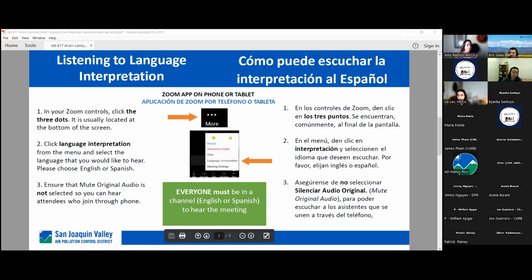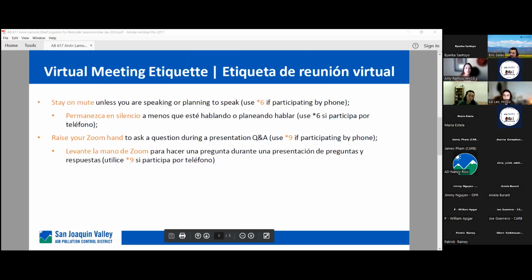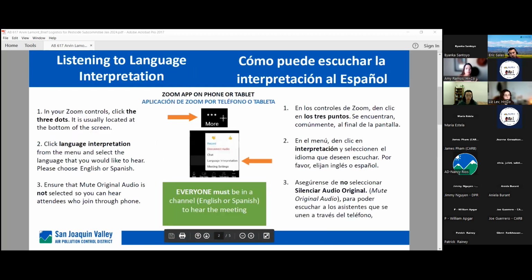So we'll move through our slides. Here we have, oh, I see a hand. Yeah, Bianca. On the computer side, it doesn't have an icon of the world. You have to click on more to get the interpretation. I don't know if the folks understand that. That's why I put it in the chat.